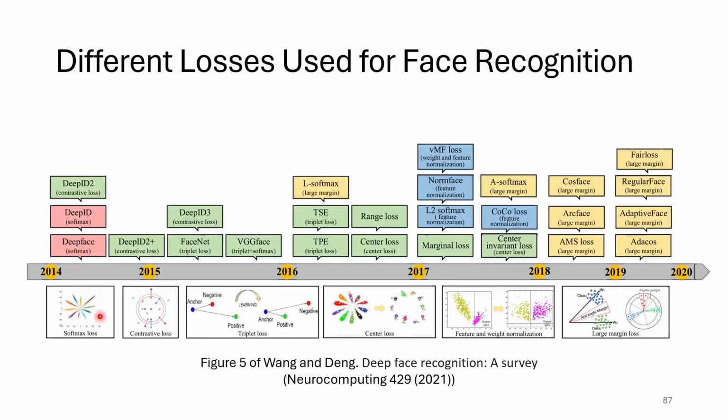From this survey paper, we can see why there is a gradual improvement: they use different loss functions. In DeepFace, they use the softmax loss function. It means if face images belonging to different classes are wrongly classified, then we penalize it and modify the weights of the architecture.